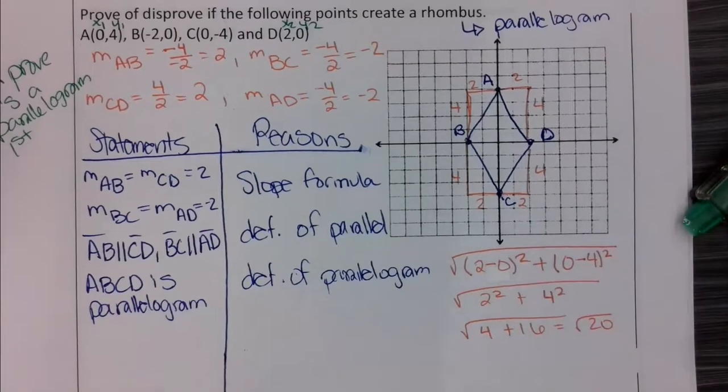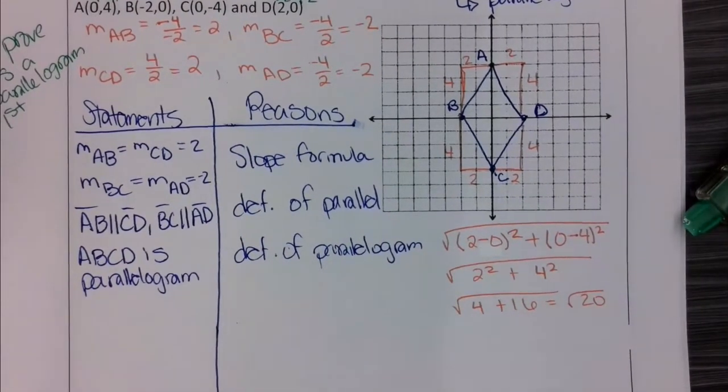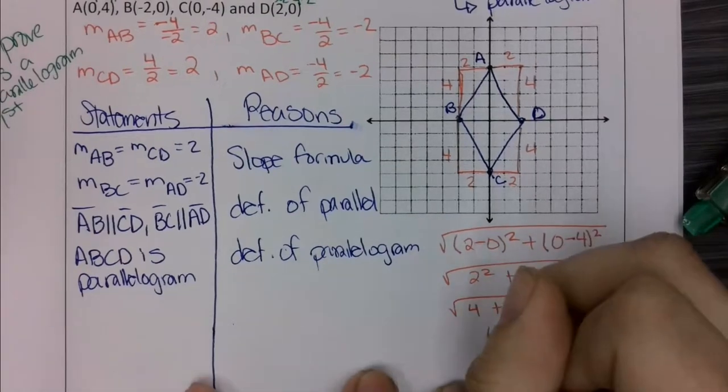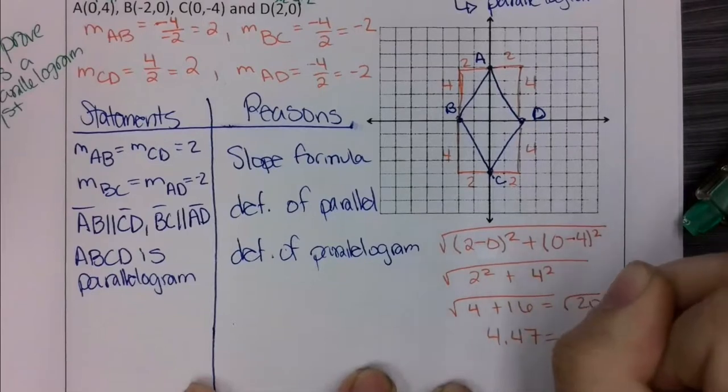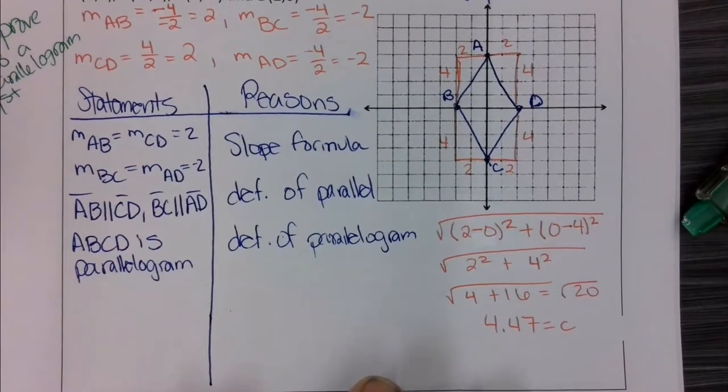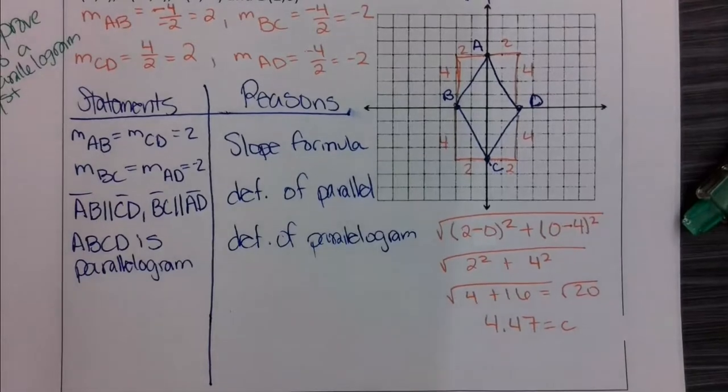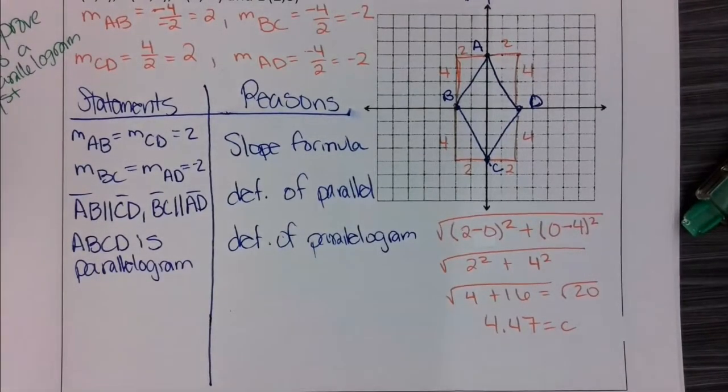What's the square root of 20? 4.47. If it tells me where to round, I follow that. If not, I always just default to 2 decimal places.